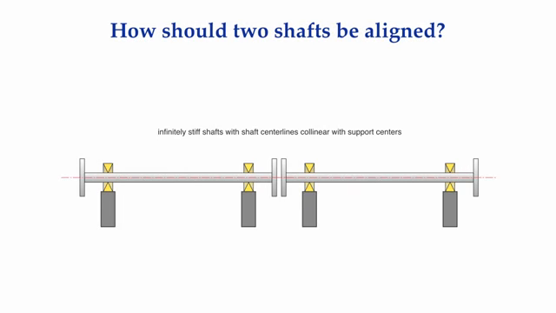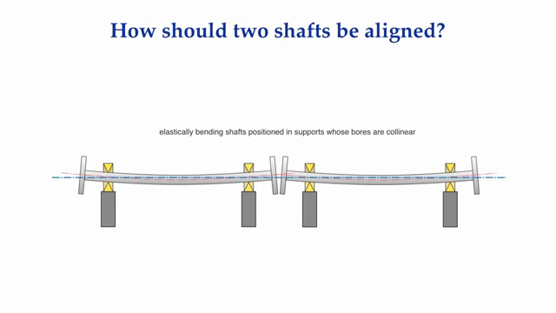Here, for example, we have two independent, infinitely stiff shafts where each shaft is supported in its own bearings. If the perfectly straight center lines of both shafts are collinear, then all four bearings are also collinear. However, we now realize that horizontally mounted shafts elastically bend in a catenary curve.